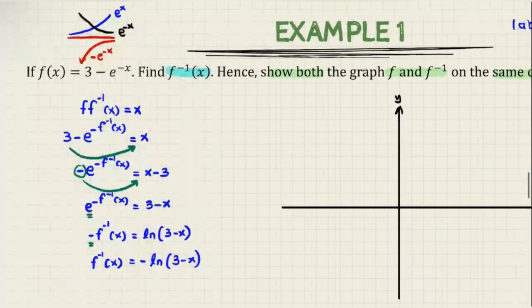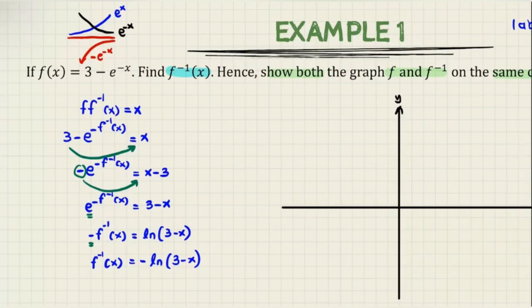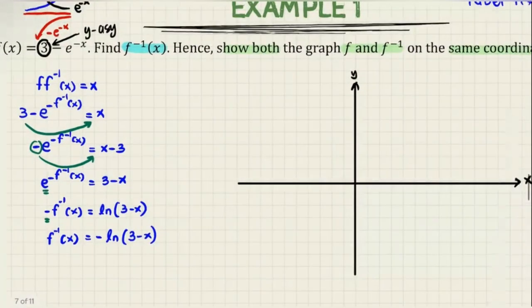And then kita ada plus 3 kat sini. 3 ini adalah kita punya Y asymptote. Okay. So first 3 saya akan lukis dia contoh 1, 2, 3. So let's say saya letak 3 kat sini. So this will be our asymptote untuk Fx.